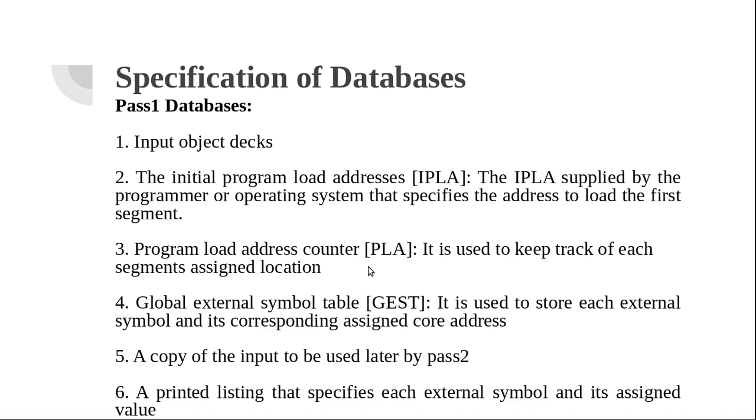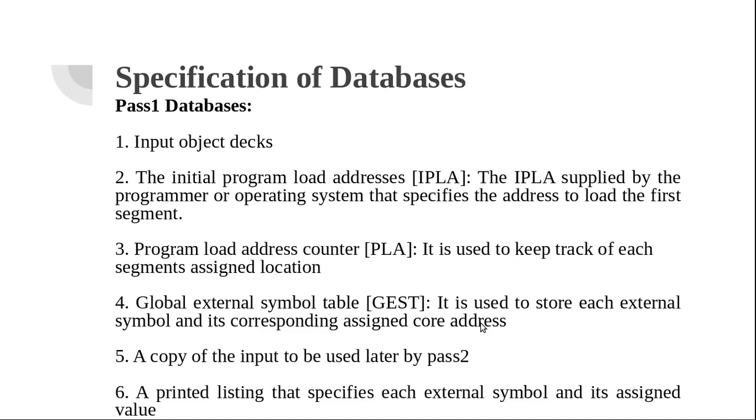To keep track of each segment's assigned location, we use a counter, the program load address counter, which tells the loading address of each segment. Then we have the database, the global external symbol table. It is used to store each external symbol and its corresponding assigned core address.